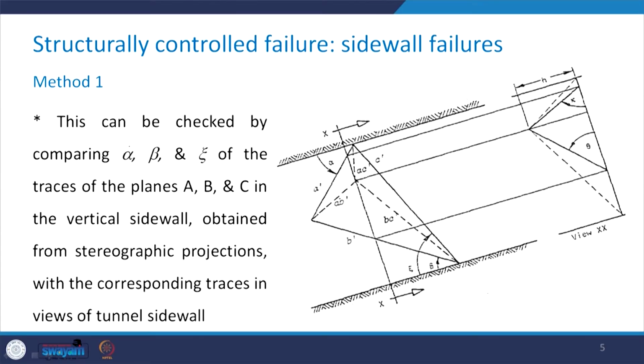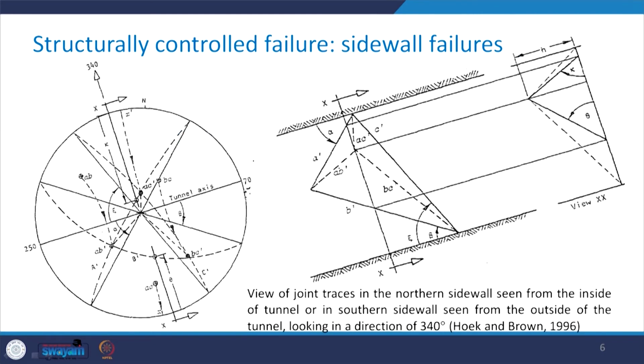Now, it can be checked by comparing these three angles alpha, beta and zeta of the traces of the planes A, B and C respectively in the vertical side wall, obtained from the stereographic projections, with the corresponding traces in the views of the tunnel side wall. Again, we take a look at both the views together.